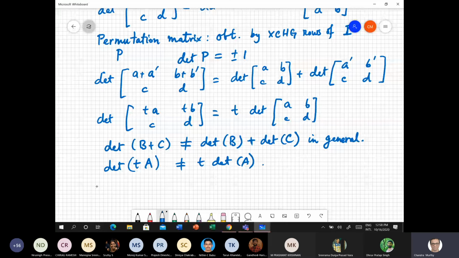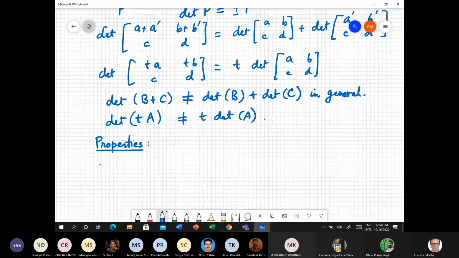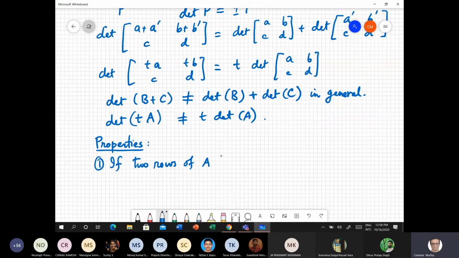Okay, so now we'll discuss several properties of the determinant. One, if two rows of A are equal, then what happens to the determinant? 0. Exactly.